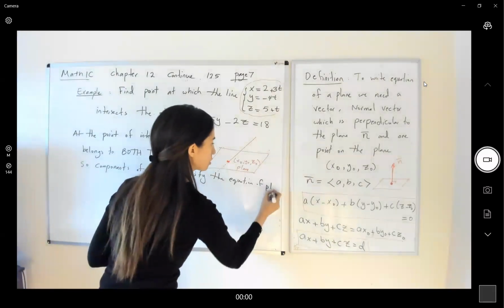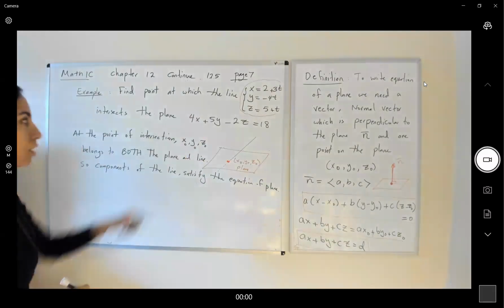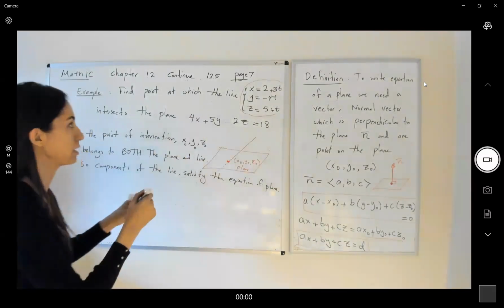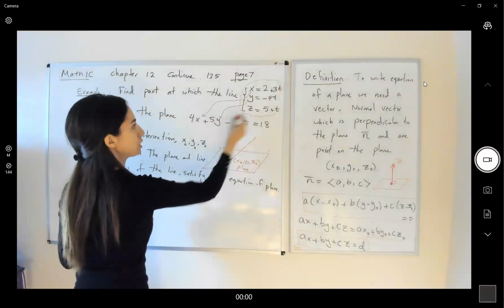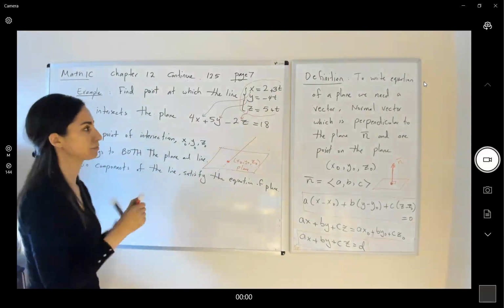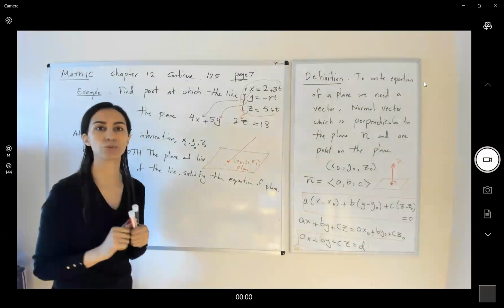Okay, so let's take the components of the line and plug them in here: x for x, y for y, z for z. It must be equal to 18.